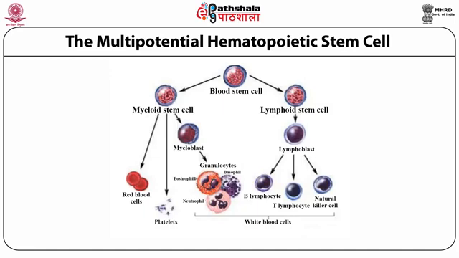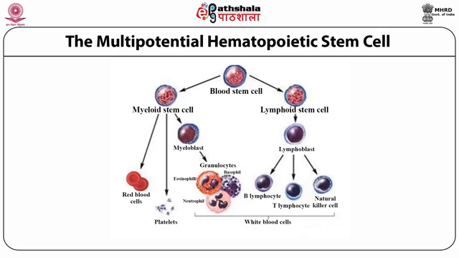The phenomenon of hematopoiesis begins in the early yolk sac during embryogenesis. This process moves over to the fetal liver, fetal spleen, and in the bone marrow of the neonate and the adult.